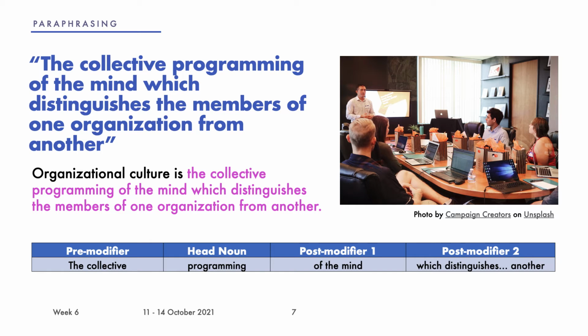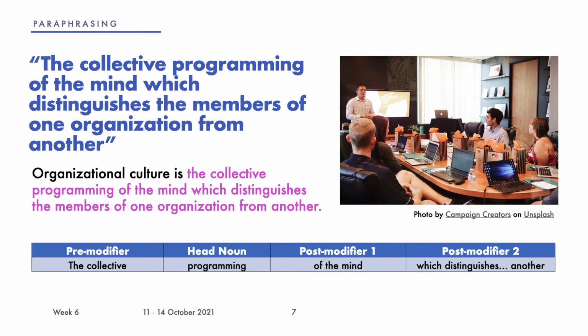And we have the pre-modifier, the collective. And then we have two post-modifiers in this noun group. The first one is rather straightforward, a prepositional phrase, of the mind. And then the second post-modifier would be a little bit more complex because it represents a relative clause, which distinguishes the members of one organization from another, which also embeds another complex noun group, the members of one organization from another.